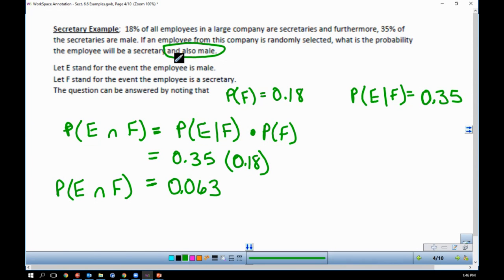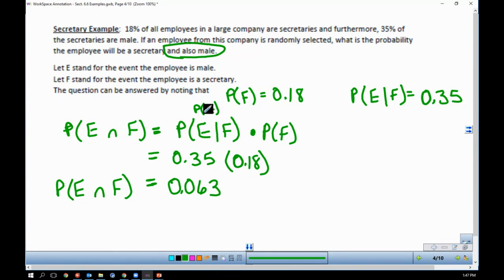Honestly, we don't know whether or not it's independent, but even, let's say it was independent, then you could still find this because if it was independent, this would just be the probability of E here instead of E given F. If they were independent, these two values would be the same.